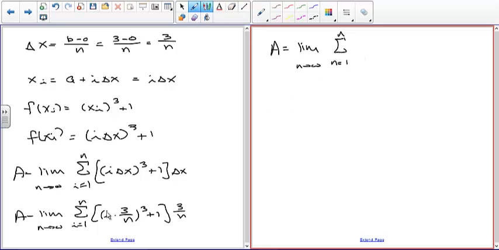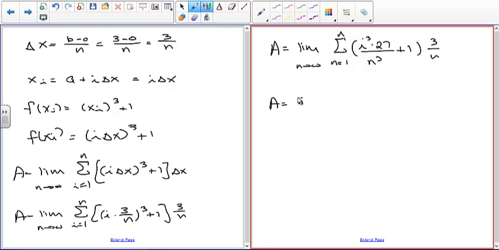This would be more difficult if a was not equal to 0, because then you'd have to do something cubed where you do have a first and last term, but in this case we only have one term. So if we multiply that out, we're going to get i cubed times 3 cubed, which is 27, divided by n cubed, plus 1. The whole thing times 3 over n.